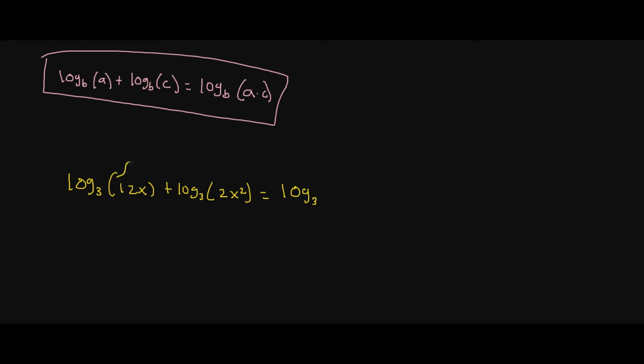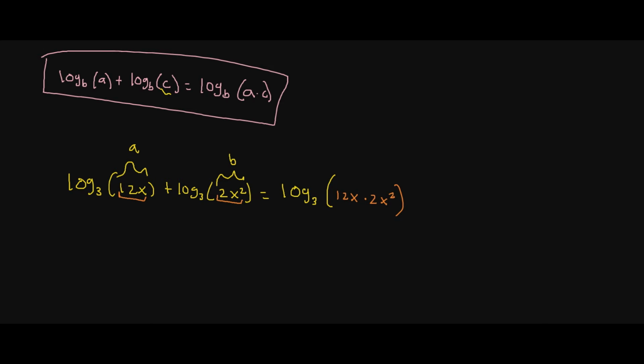This whole thing right here is like my A value, whatever's inside the first log. And this whole thing right here is like my B value, what's in the second log. We need to multiply these to get this third log. So I'll write it out, maybe I'll use a different color. This is 12x, my friend, times this expression here, which is 2 times x squared.